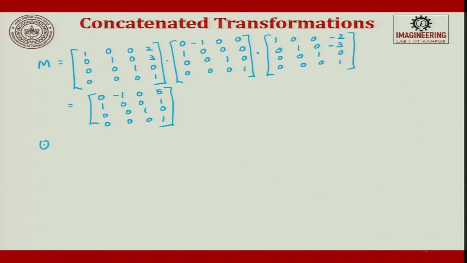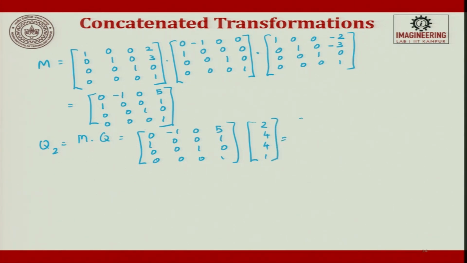Okay. So now when we try to do Q star is nothing but M into Q, which is nothing but M, 0 minus 1 0 5, 1 0 0 1, 0 0 1 0, 0 0 0 1 multiplied by Q. Q is nothing but 2 4 4 1. So we get a new point as 1 3 4 1.